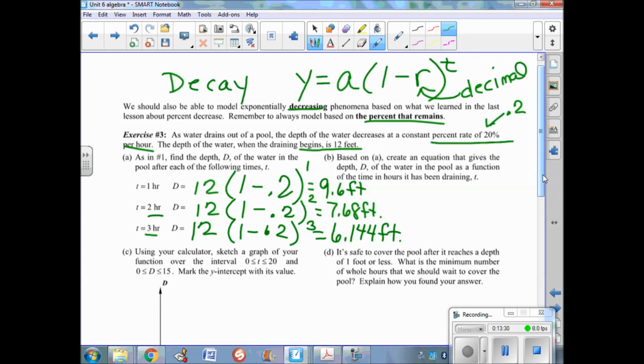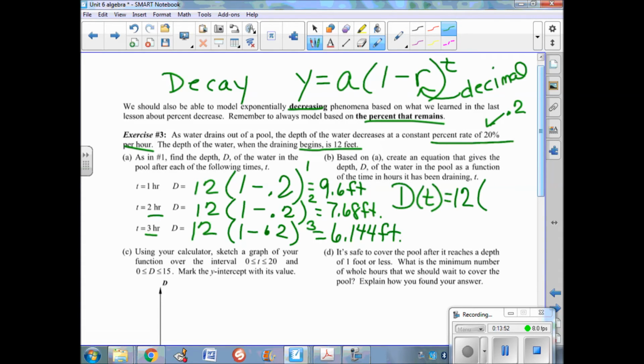Okay, so it says based on A, create an equation that gives the depth d of the water of the pool as a function of the time in t hours as it has been draining. So our depth d of time t is equal to our initial amount, which was 12.